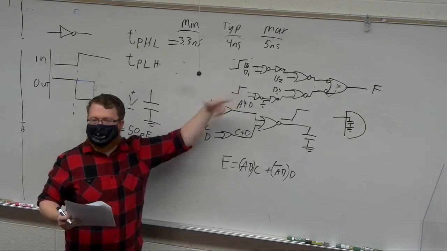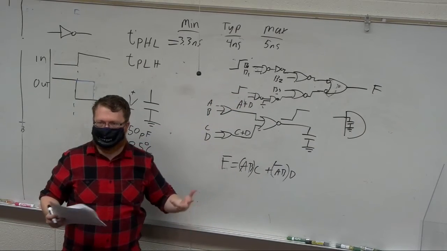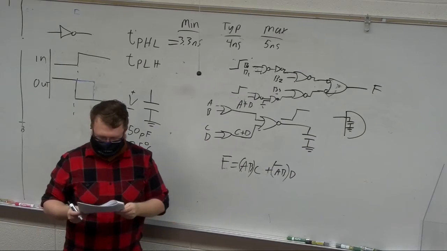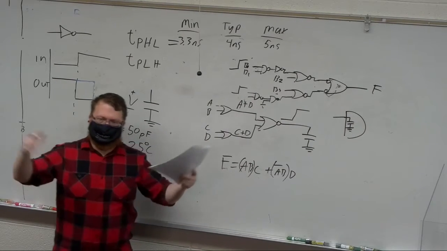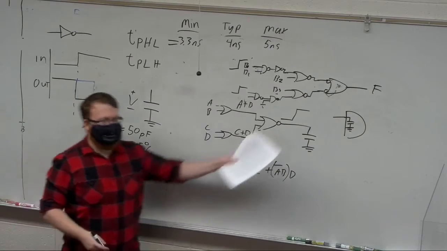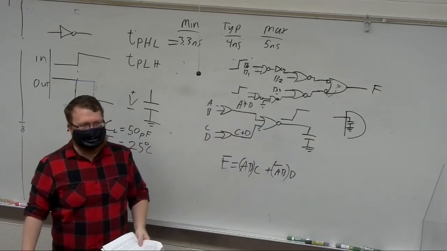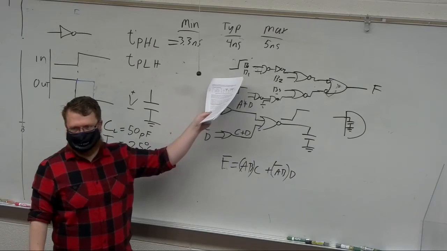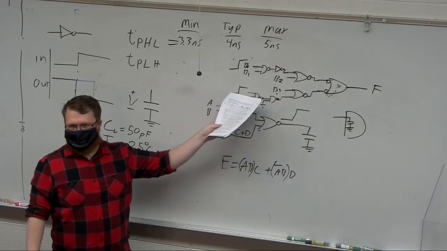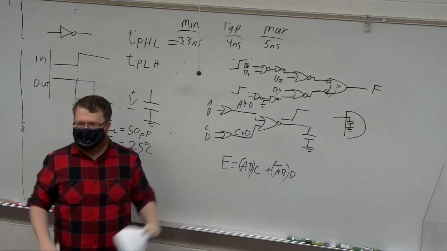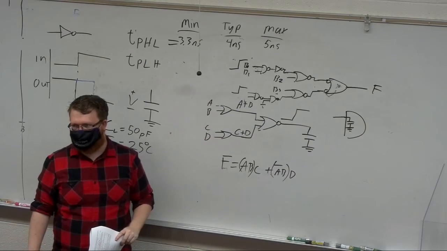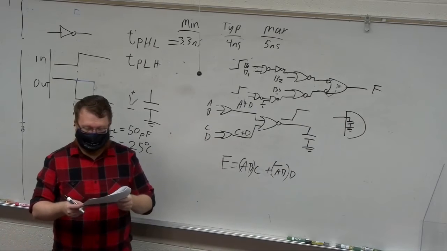But you would need to know what the propagation delays for each of those parts are to make that decision for sure. So the 3-step process in order for calculating the total propagation delay is identify your paths, figure out which ones are likely to be the longest, calculate them, and then pick the longest. That's your 3-step for figuring out your propagation delay.